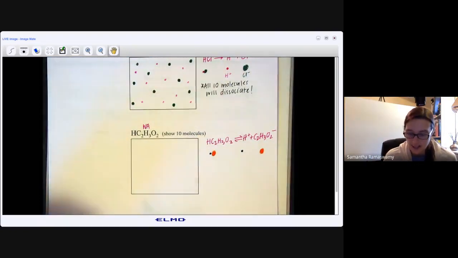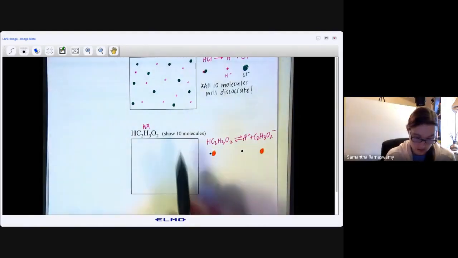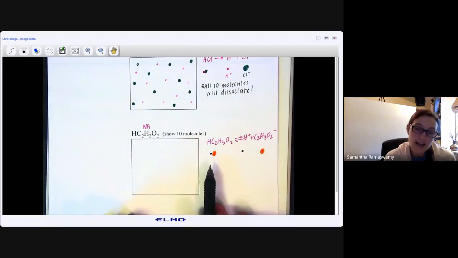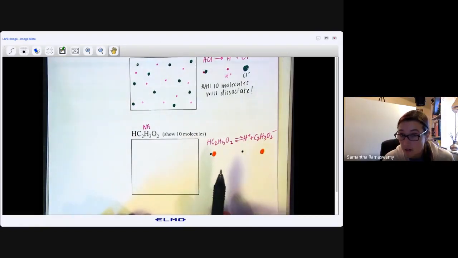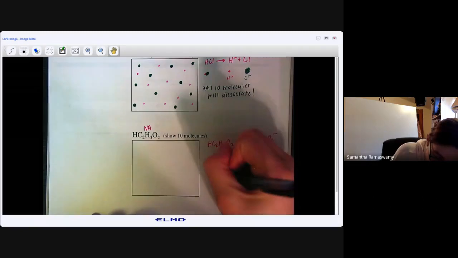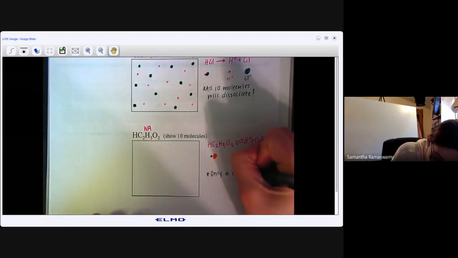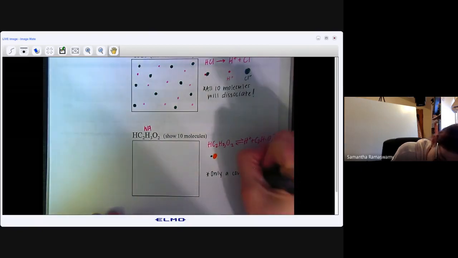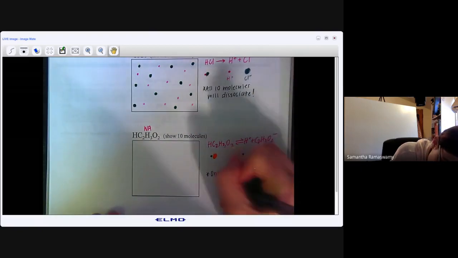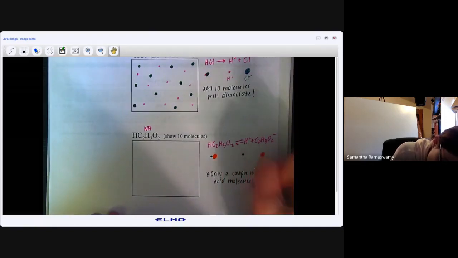Now, if I have 10 molecules, this is a weak acid. Weak acids do not ionize very much. Right? Usually it's less than 5%. So I'm going to say only a couple weak acid molecules will ionize.